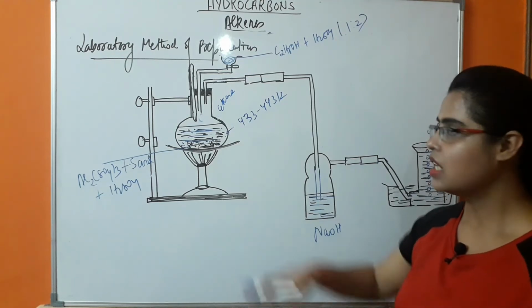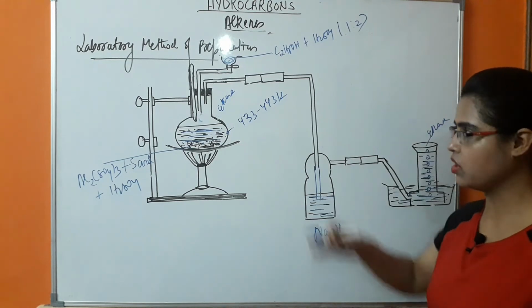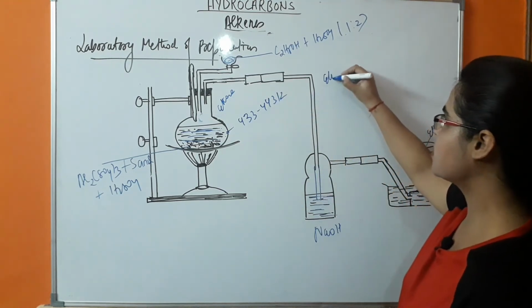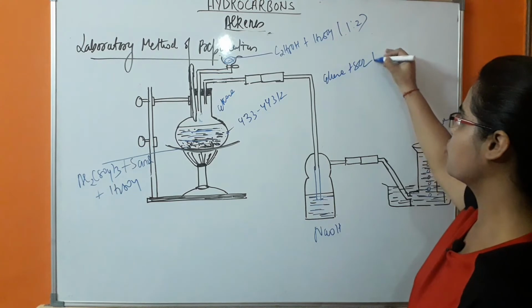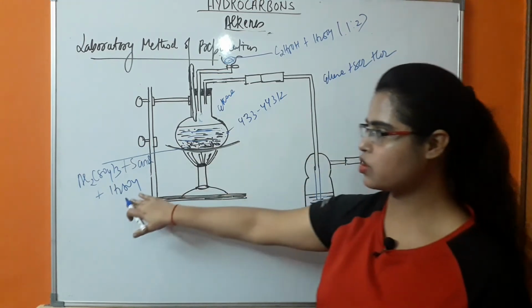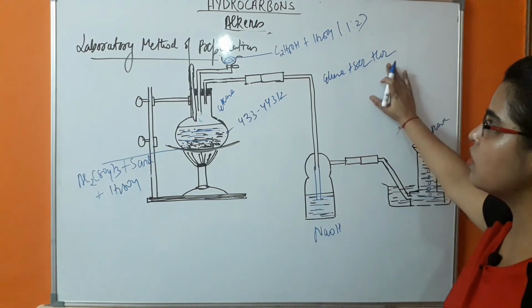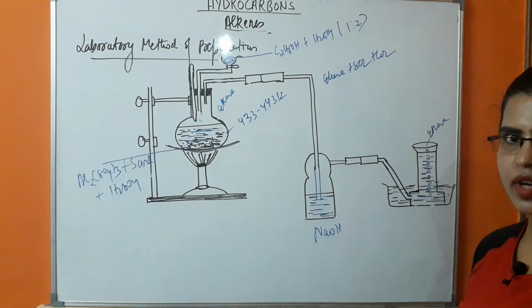This ethene which is passed through this passing tube is impure. This is impure ethene, and it contains a mixture of SO2 and CO2. SO2 is obtained from the heating of H2SO4, and CO2 is obtained by the oxidation of C2H5OH.